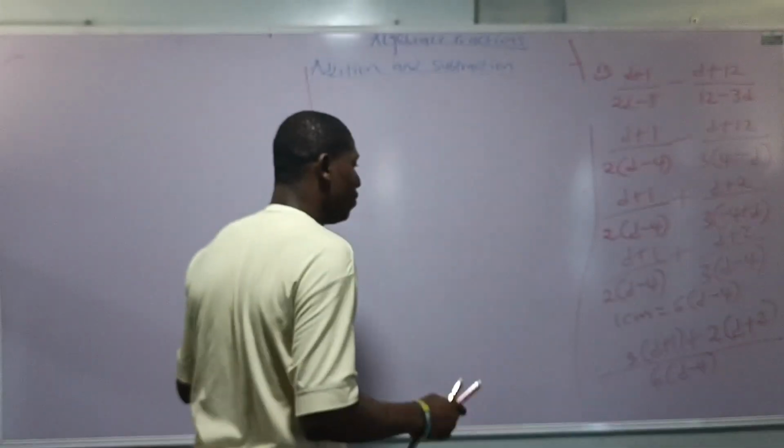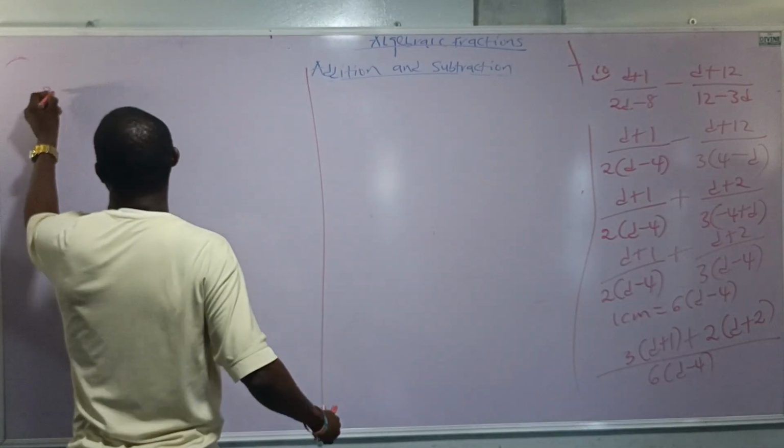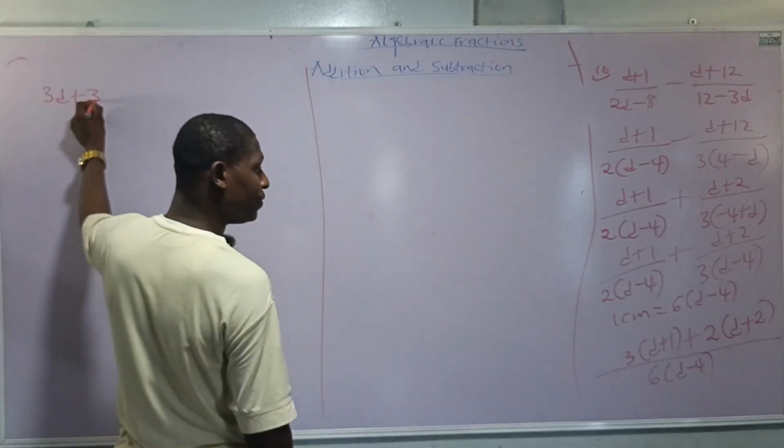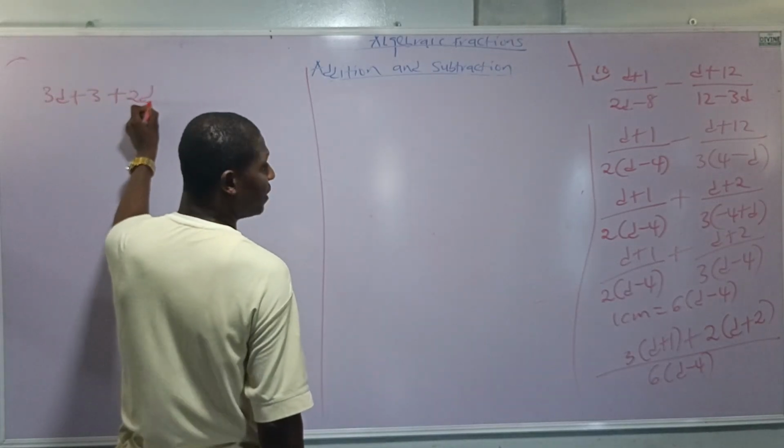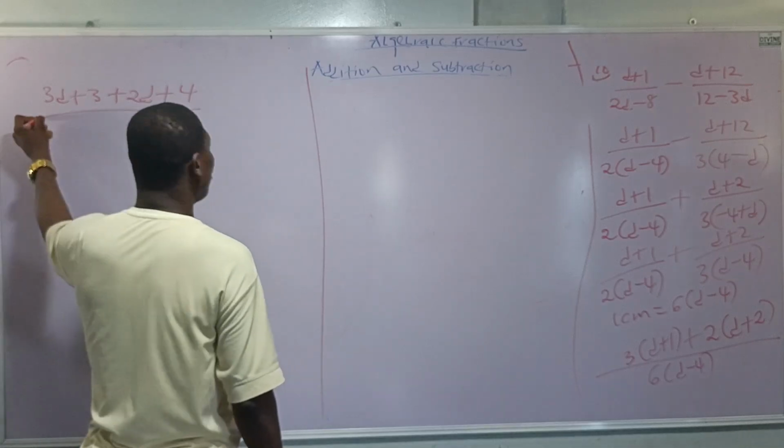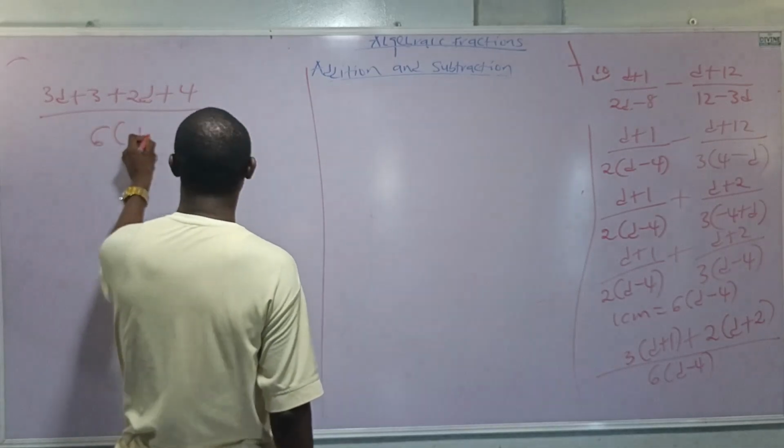And this again will give me 3 times d is 3d. 3 times 1 is 3. Plus 2 times d is 2d. And 2 times 2 is 4. All over my LCM, 6 brackets, d minus 4.